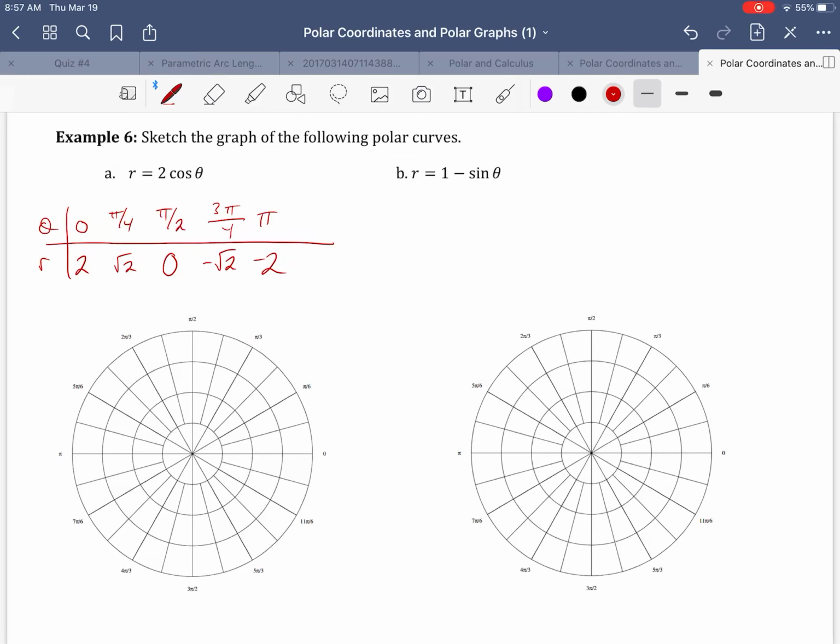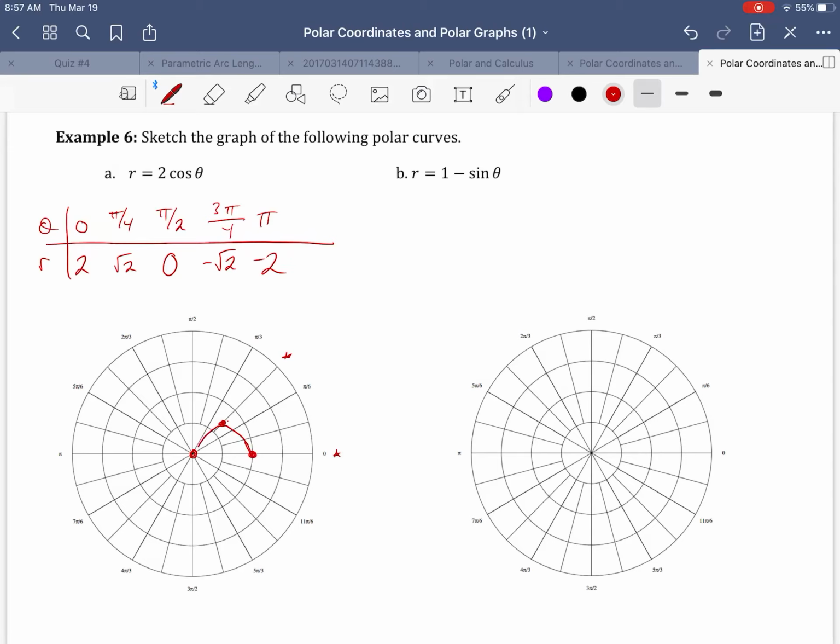You need to make sure that you can do that. Make sure you know your unit circle. So then I start plotting these things. I got theta equals 0, r equals 2. So I face 0 and I go 2 units. So if I'm facing pi over 4, I walk the square root of 2 units, which is somewhere in here. If I face pi over 2, I got 0.